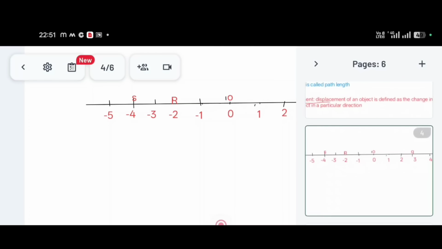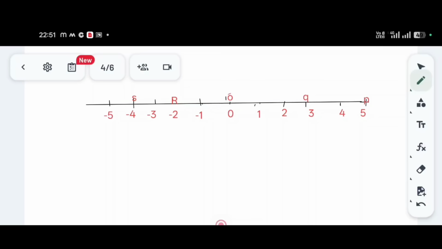Here O is at position 0 on the number line, Q is at position 3, P is at position 5, R is at position -2, and S is at position -4. Position means the location of a particle in a particular direction.